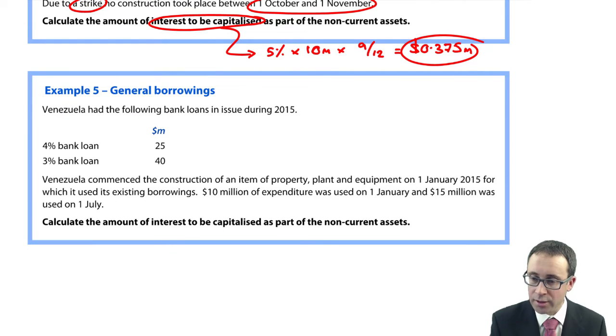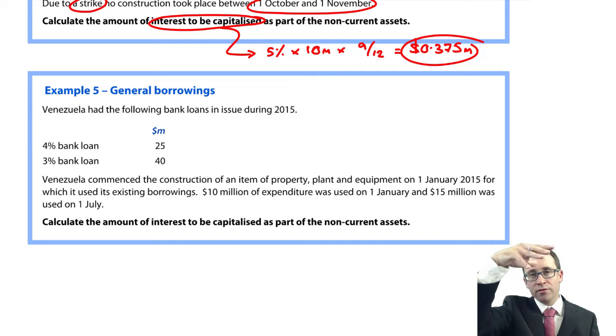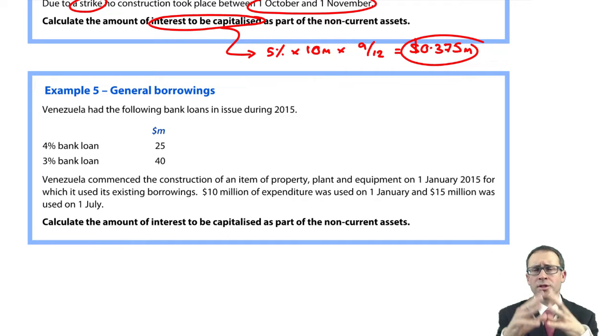With general borrowings, all that happens is that you have maybe a centralised treasury function that has a pool of loans. You are a subsidiary that is constructing an asset and you need to borrow some funds. So you borrow some funds from the pool of funds in the central treasury department. There is no specific borrowing, so you have general borrowings.